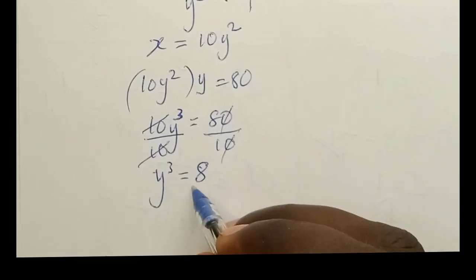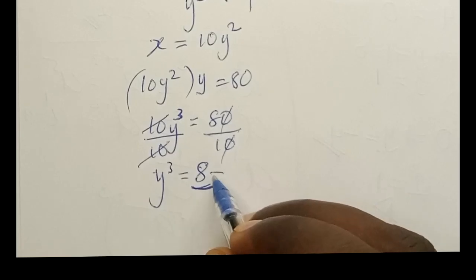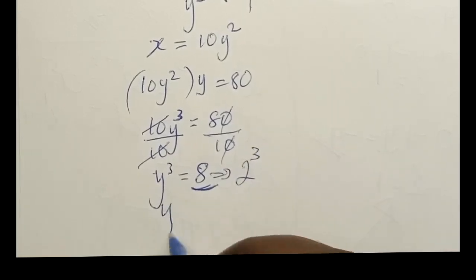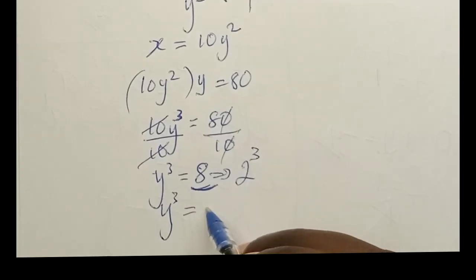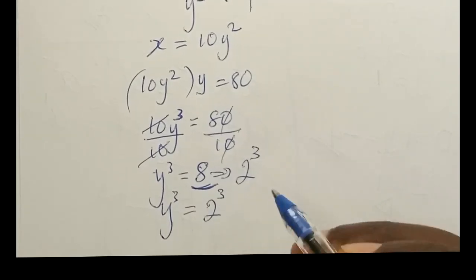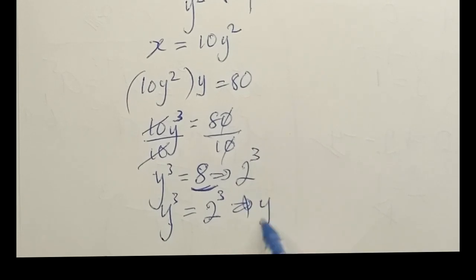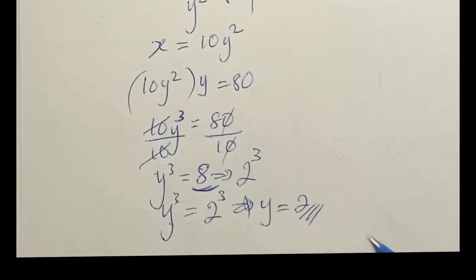This implies that this 8 can be the same as 2 raised to the power 3. So y cubed is equal to 2 raised to the power 3. Since the power 3 matches, y also must match. It means y is equal to 2.